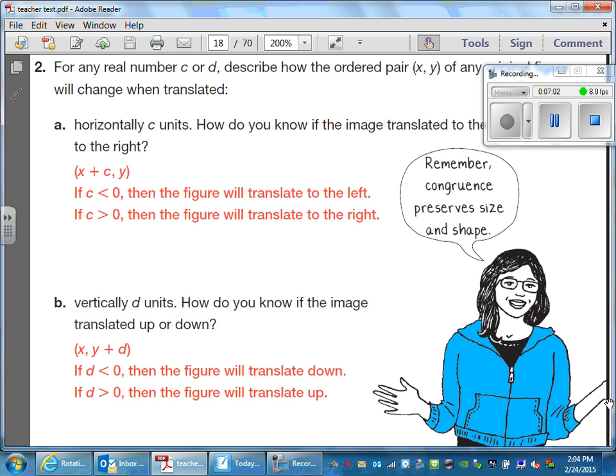So horizontal changes the X. HOY VUX, H-O-Y. H, horizontal changes the X. VUX, V-U-X. Remember vertical, undefined X. Horizontal line, 0 slope, Y. So the Y doesn't change.